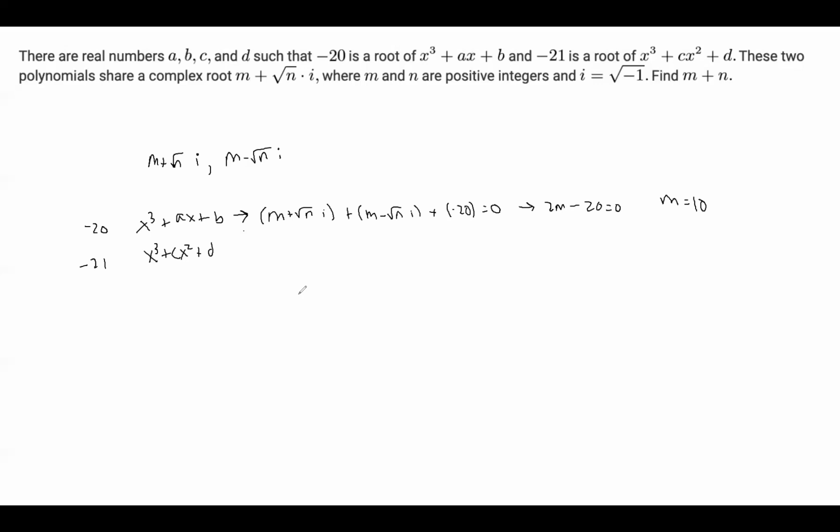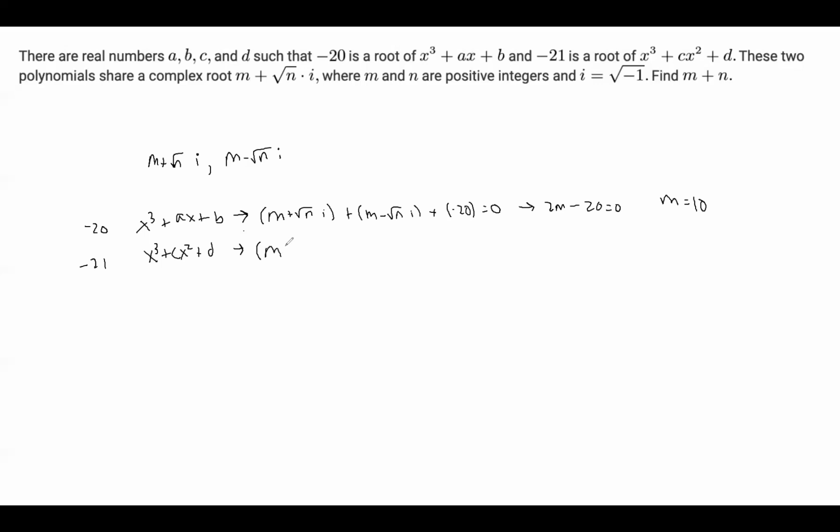Okay, in x cubed plus cx squared plus d, the coefficient of the x term, the linear term, is 0, which means that the second symmetric sum of the roots is 0.